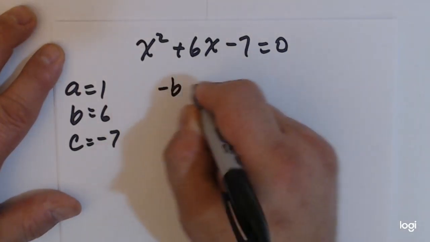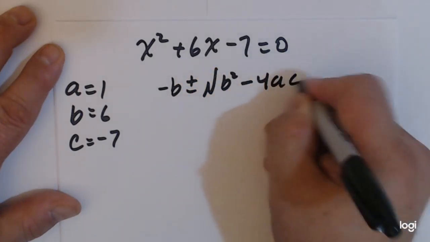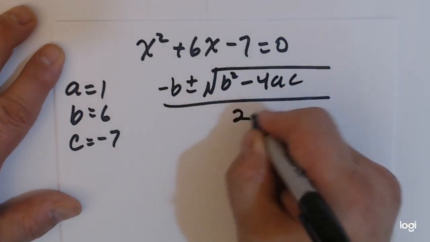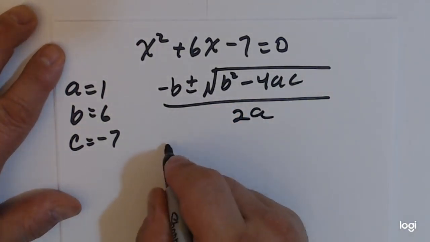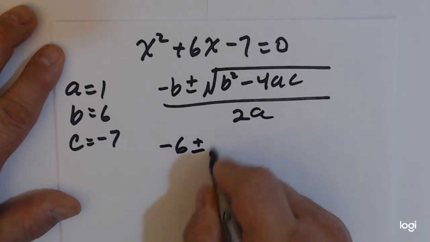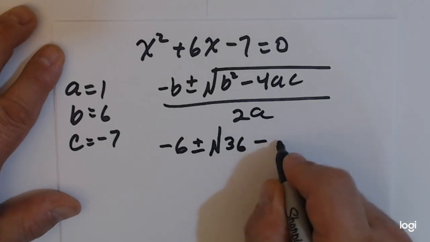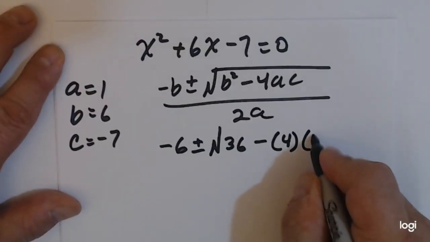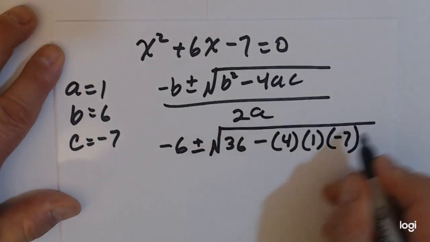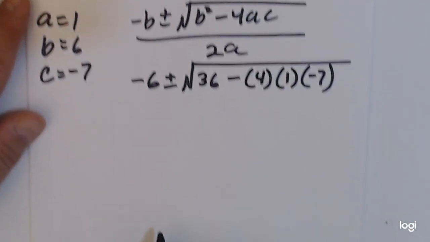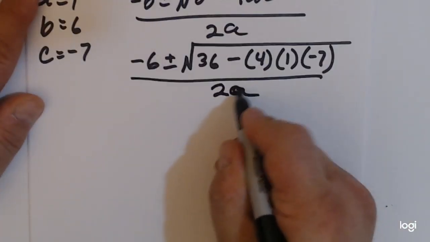So we have negative b plus or minus the square root of b squared minus 4ac over 2a. So negative b would be negative 6 plus or minus the square root of, well, 6 squared is 36 minus 4 times 1, and c is negative 7, all over 2a, 2 times 1.